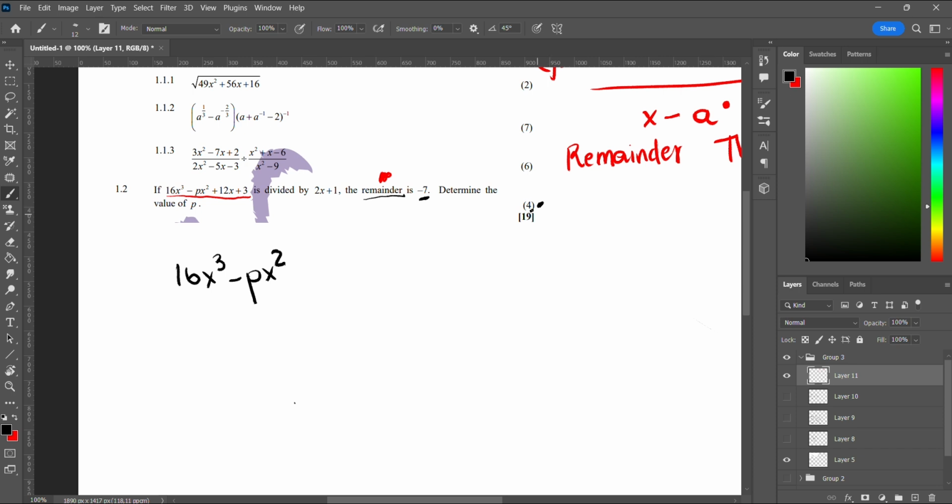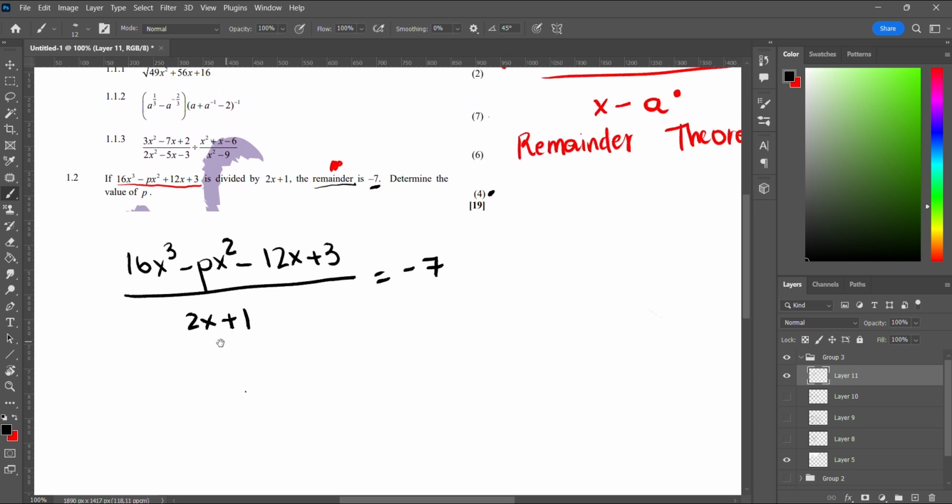Also, knowing that it's 4 marks, this is 7 marks. So there, minus 12x plus 3 all over 2x plus 1 would equal minus 7.